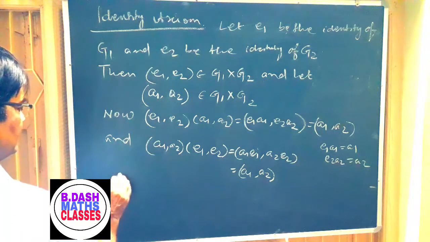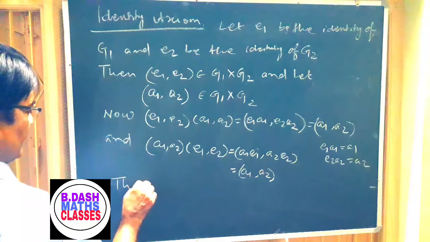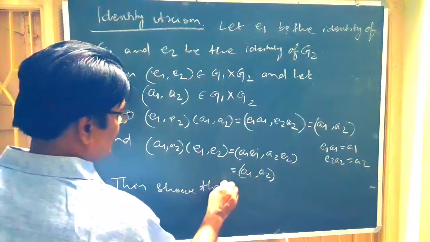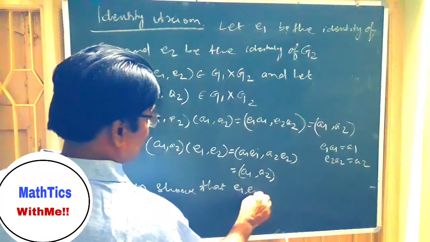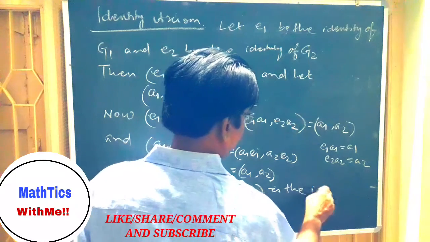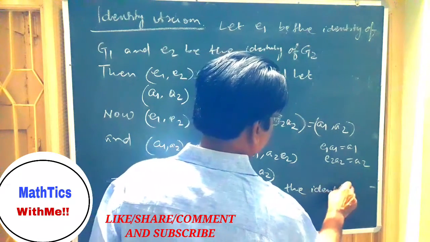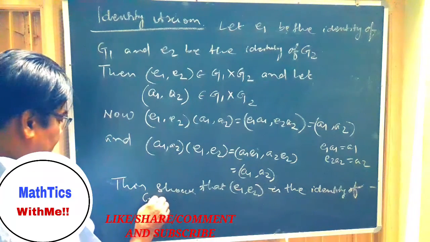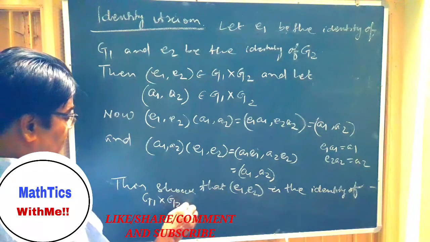So that (e1, e2) is the identity of G1 cross G2.